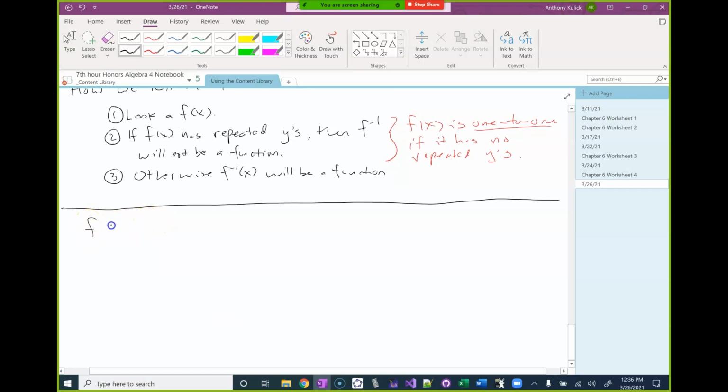If I look at the graph of this, it's going to look kind of like this. Everybody okay there? You guys agree?